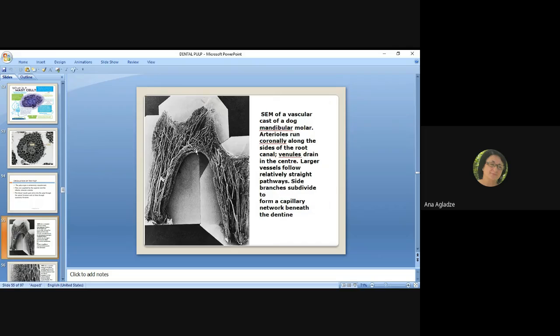Here you can see coronal pulp, and capillary loops extend towards the dentin, and this looping is most easily demonstrated in animal preparation because they can be perfused through the vascular system and prepared. Here you see this branching.